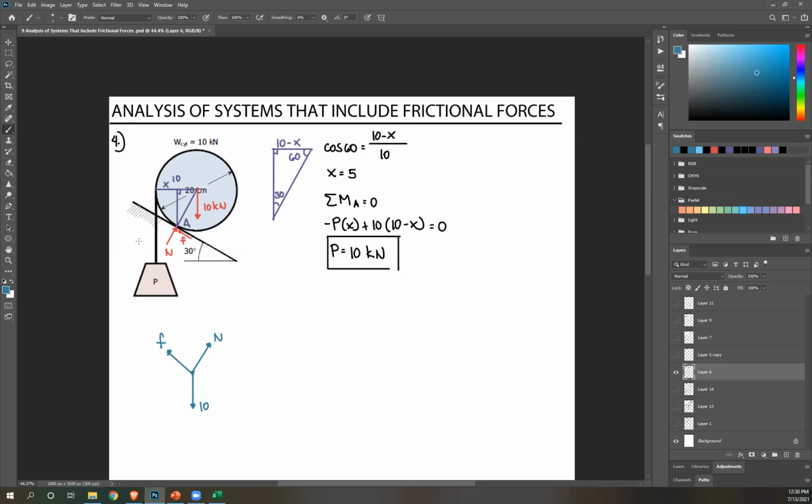Now, if you recall our past topics for resultant, whenever you have a pulley, right, and there's tangential forces, remember, the location of the resultant of those forces would be at the center of your pulley. Okay?